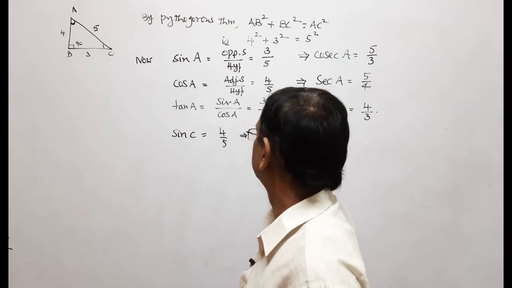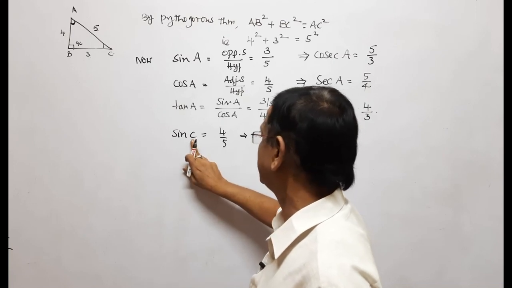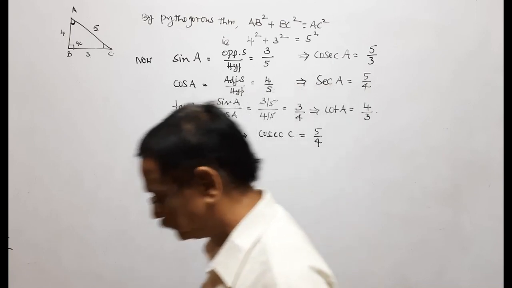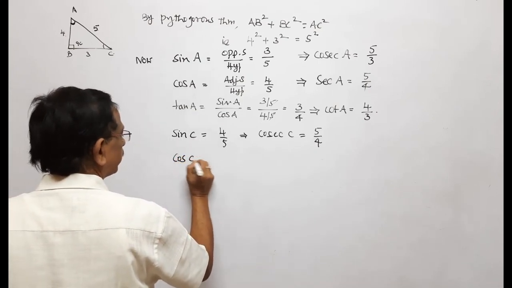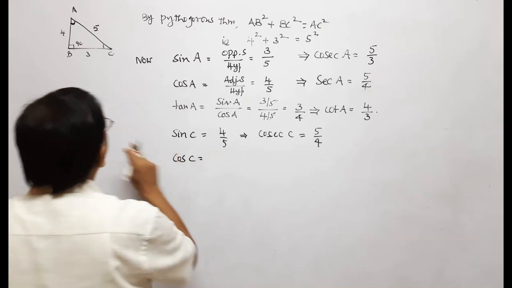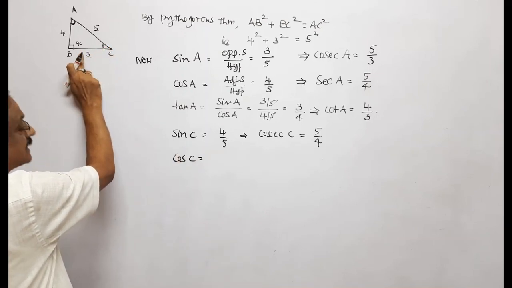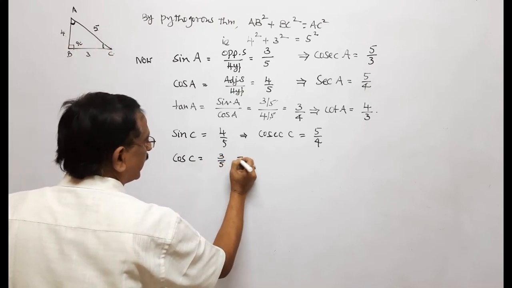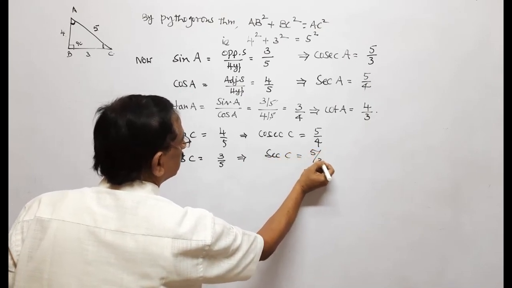So cosecant C is 5 by 4. Then, what about cos C? Cos C means adjacent side by hypotenuse, so 3 by 5. Again, secant C will be 5 by 3.